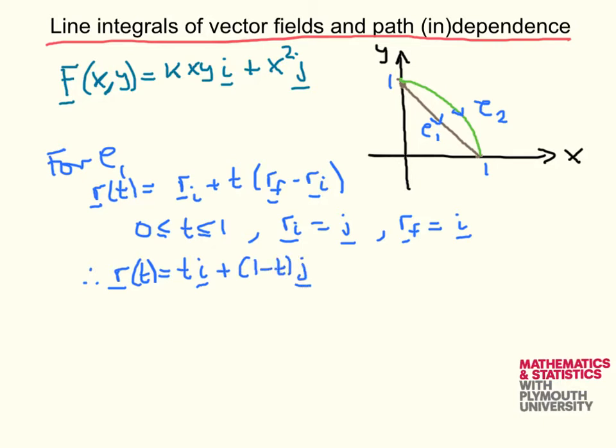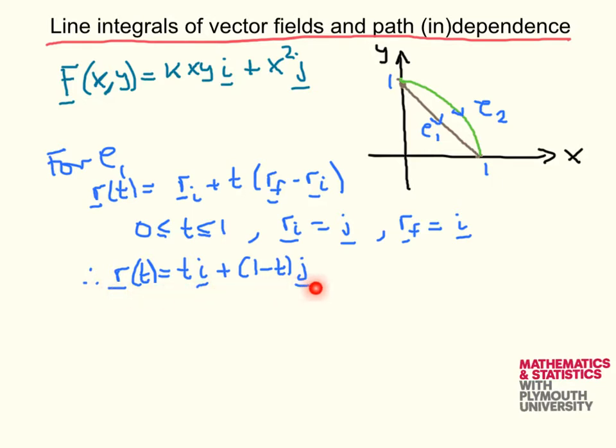And we can at the very least make a minimal check. When t is 0, this vanishes. This is 1 times j. That's exactly correct. That's our initial position. And when t is 1, that vanishes, and we have that our position vector is 1 times i, and that is indeed the final point.